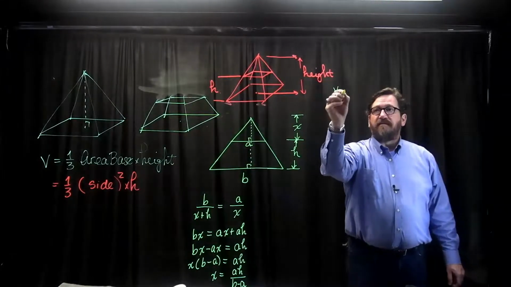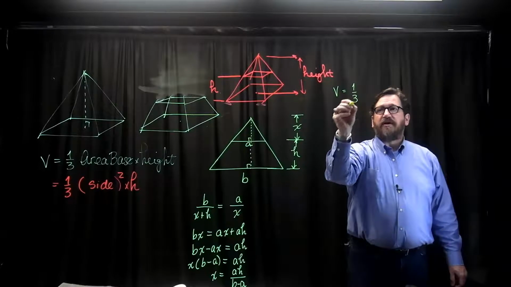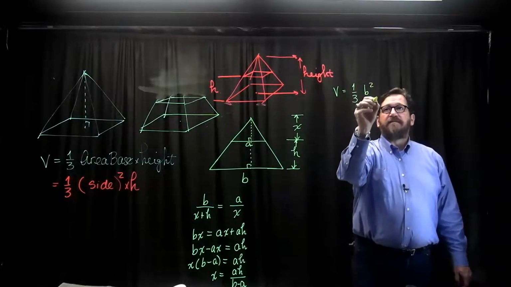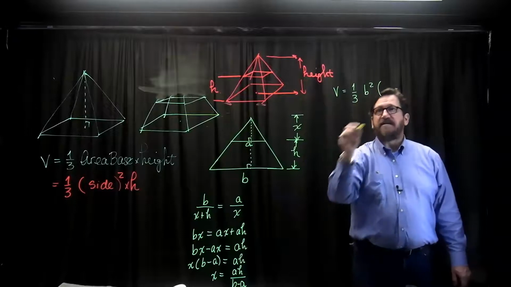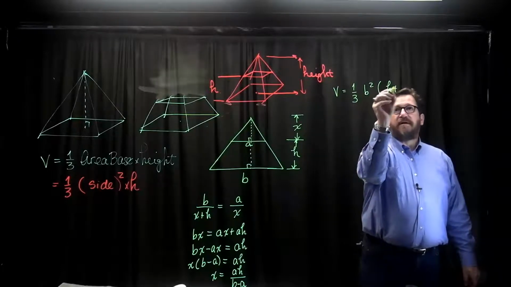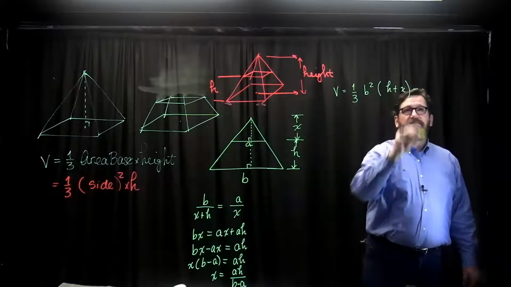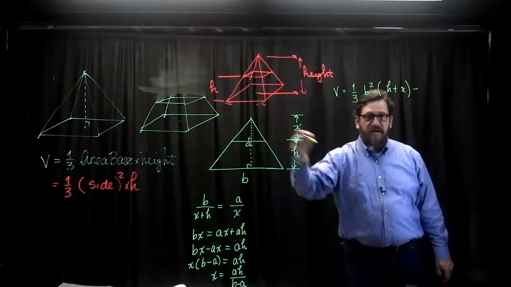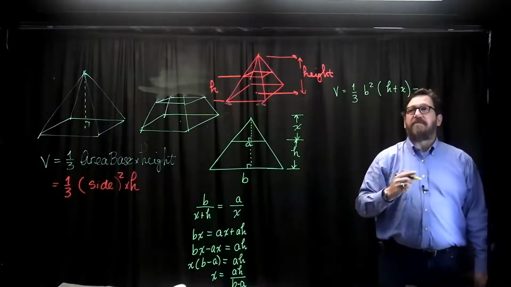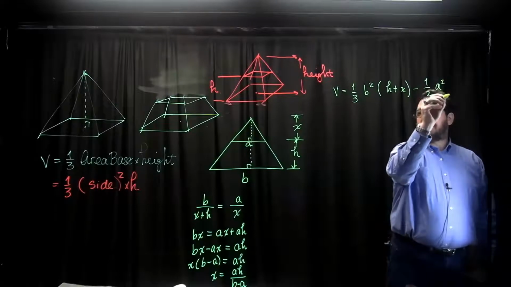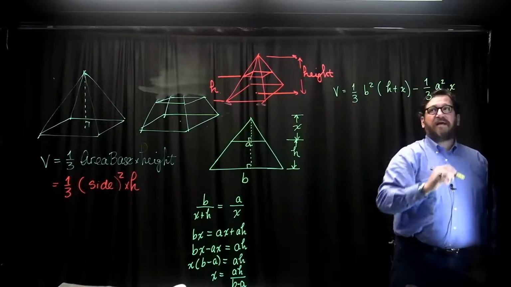The volume of a pyramid is 1/3 the base, in this case b squared, times the height h plus x, and then I'm going to subtract off the pyramid that I don't want since I'm looking for a truncated pyramid. So that's 1/3 a squared times x.